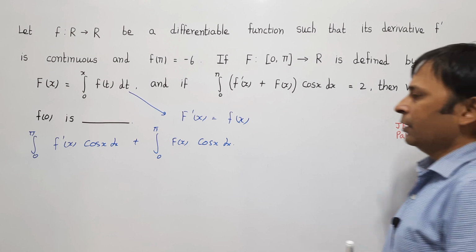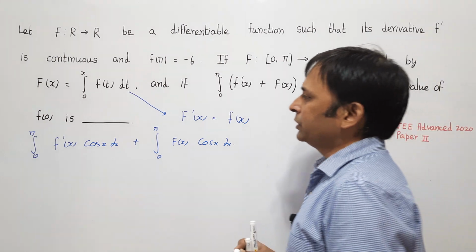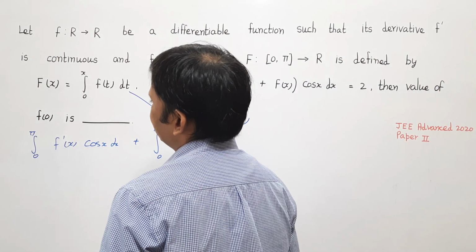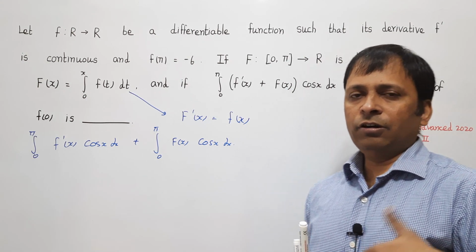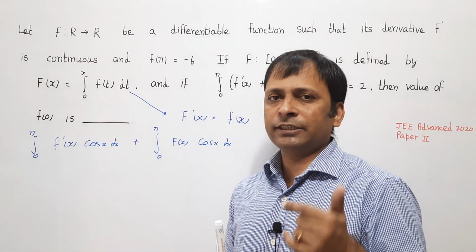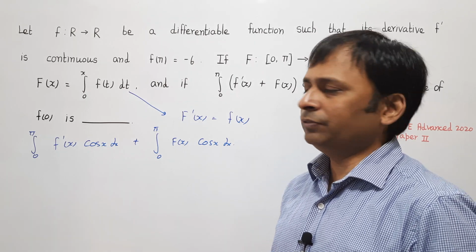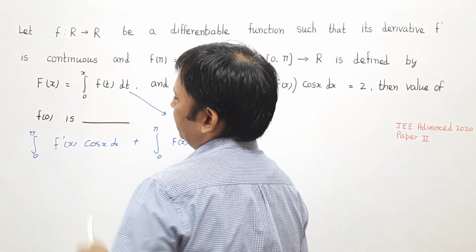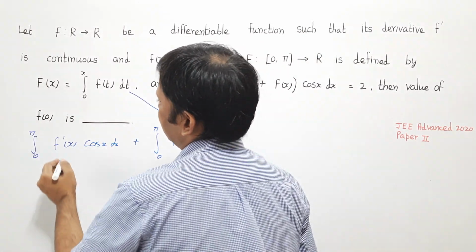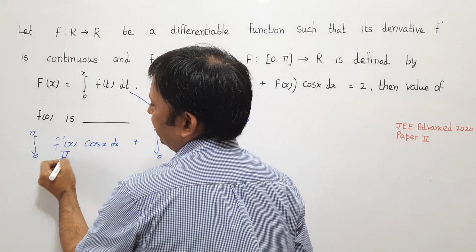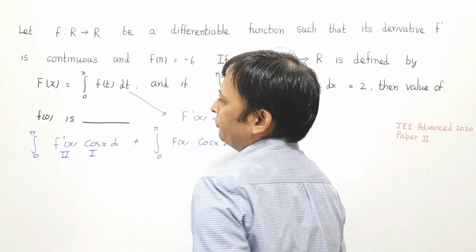Now in the first integral, if I use integration by parts, we take the function whose integration is easy as the second function, and the function whose derivative is easily obtainable as the first function. Here, if you integrate the derivative of a function, you get the same function. So f dash x I will take as the second function, because its integration is nothing but f of x, and cos of x I take as the first function.